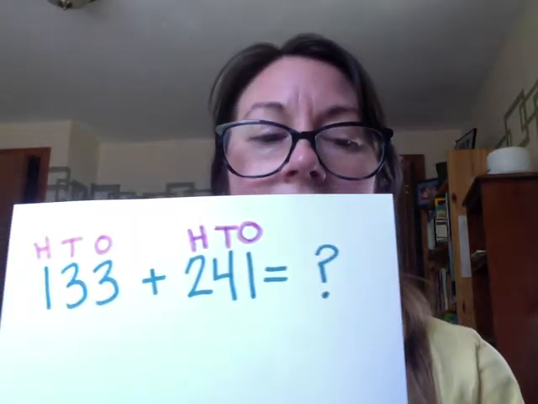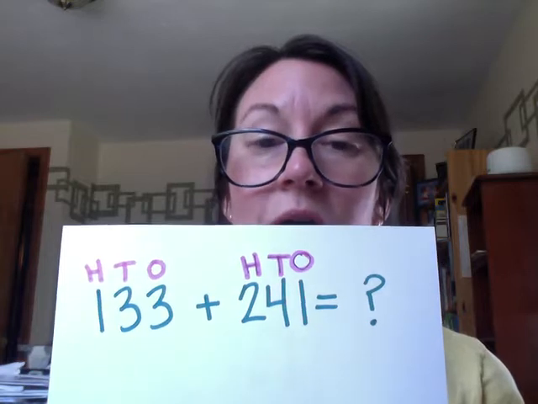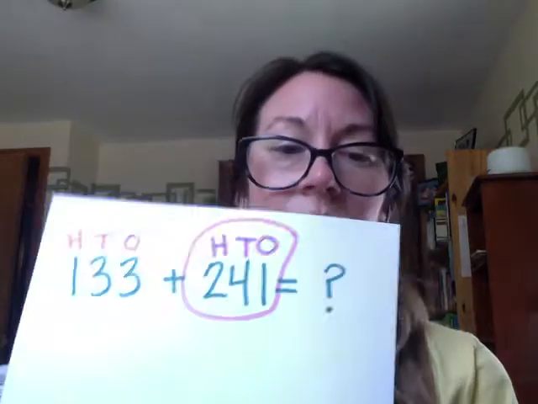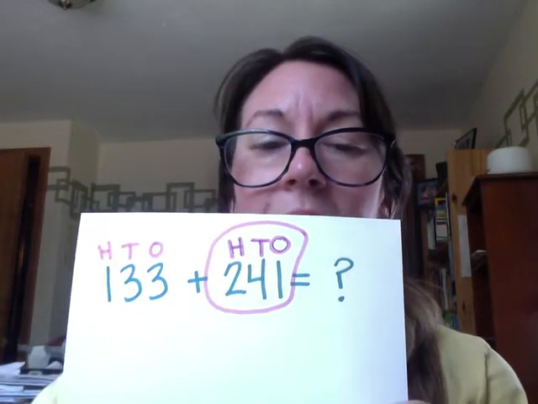I marked both my HTOs, and now I have to circle the bigger number. There, I circled my bigger number. All right, let's keep going. Break it down. Step one, mark my HTO and circle the bigger number.